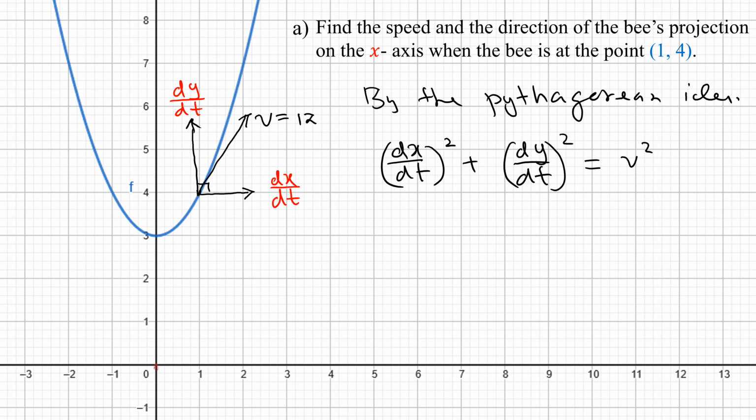Now we need to figure out, because we are looking for dx over dt, what dy over dt is. That's where we use the chain rule.